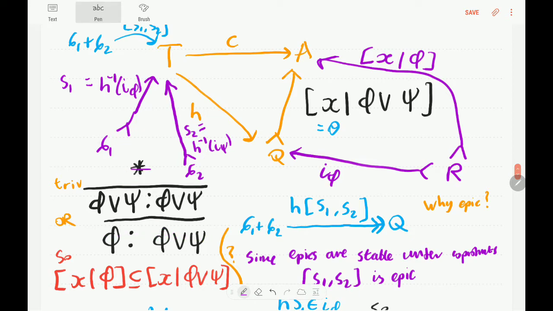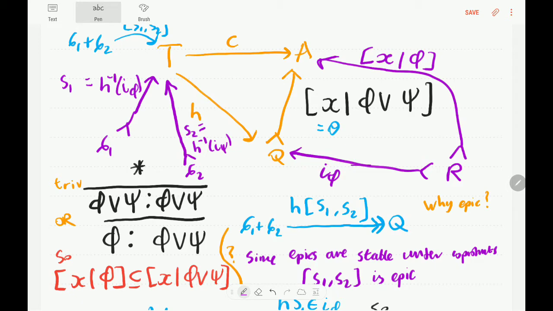I mean, see that like this. We start with the trivial sequence, and then we use the OR rule, because we know that phi or psi implies phi or psi, so we know that phi implies phi or psi. So we know that this extension is contained in this extension.